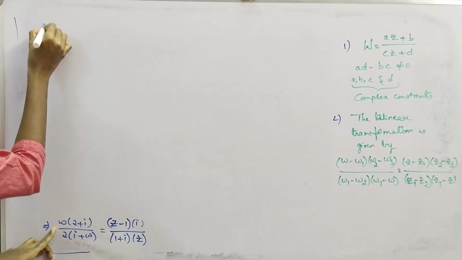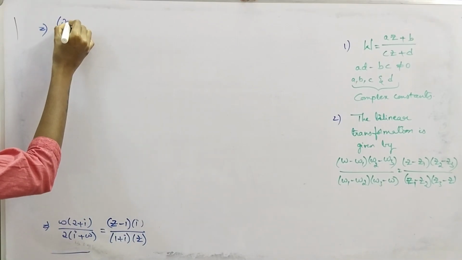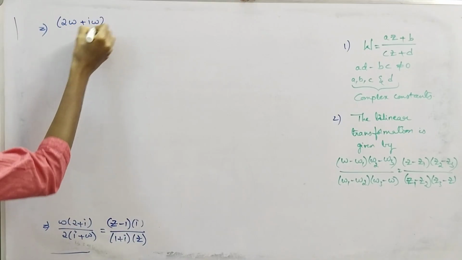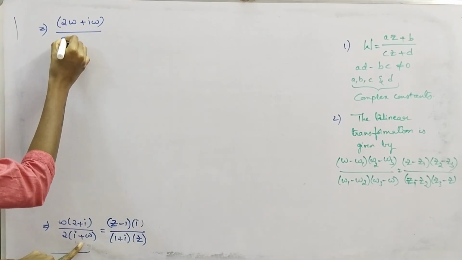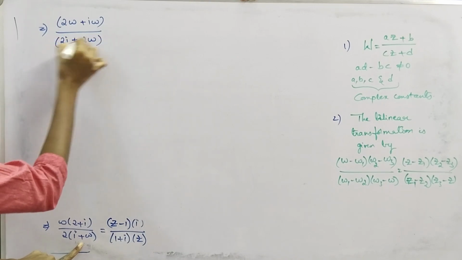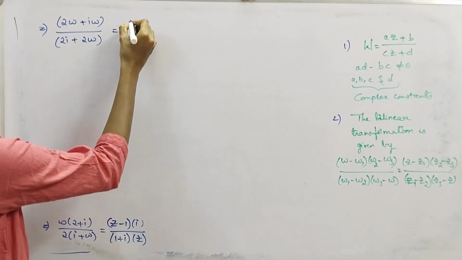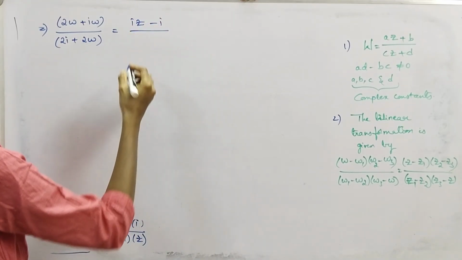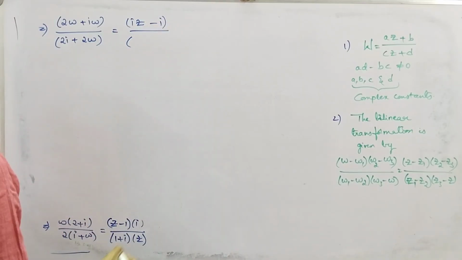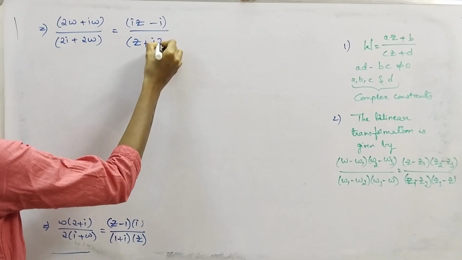Just simplify this numerator. Multiply omega to these two terms, you'll get 2 omega plus i omega, by multiply 2 to these two terms, you'll get 2i plus 2 omega, equal to, here also just simplify it, iz minus i by 1 into z plus i into z.